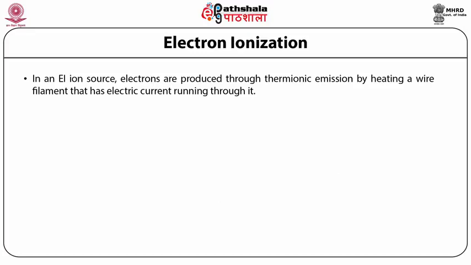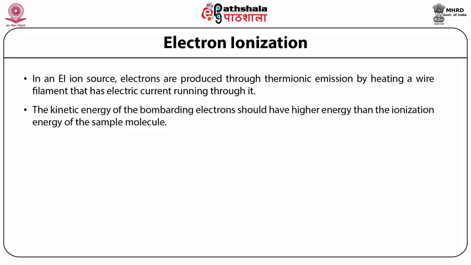In an electron ionization ion source, electrons are produced through thermionic emission by heating a wire filament that has electric current running through it. The kinetic energy of the bombarding electrons should be higher than the ionization energy of the sample molecule.